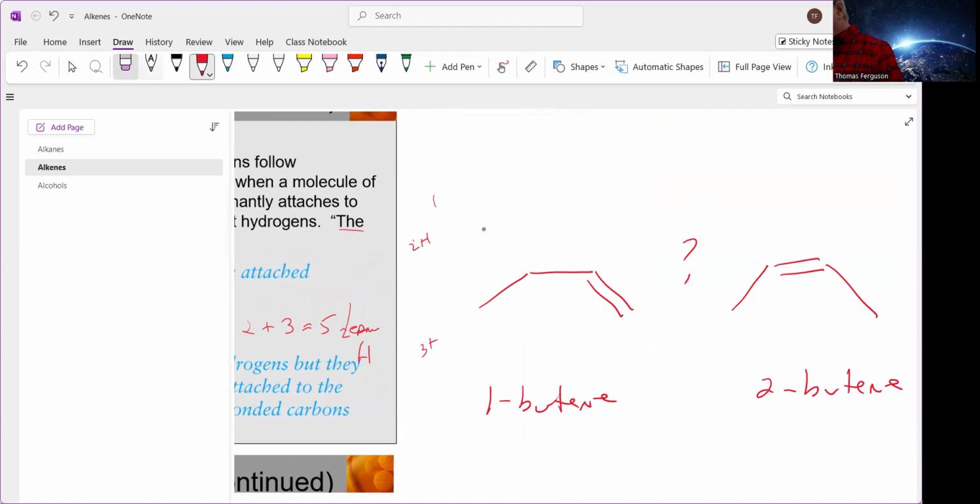Which is more stable? Because you're gonna have to circle the more stable one. Okay, show of hands. Which is more stable, right or left? Right, raise your hand. Okay, left. Okay. The one on the right is more stable.